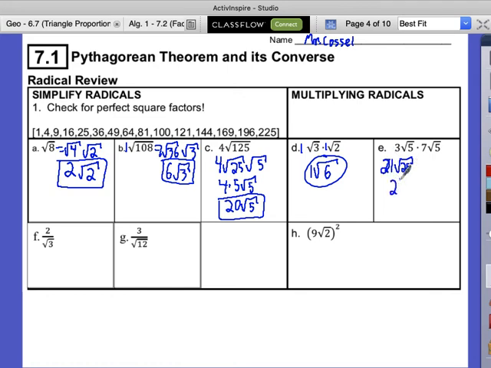So we have 21 times normal 5, which is 105. So anytime you have two of the same square root multiplying with each other, you use the normal number, 5, every time.